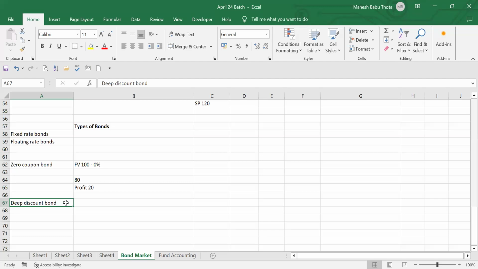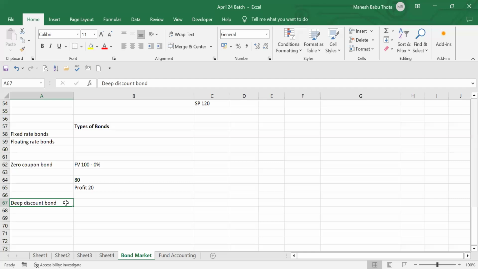If 100 rupees is the face value of a bond, we will get it at 70 rupees or 80 rupees. That is a very deep discount. But on maturity, we will get the face value. So the difference between the invested amount with a discount, 80 rupees or 70 rupees, and the face value of 100 rupees would be the profit for the investor.